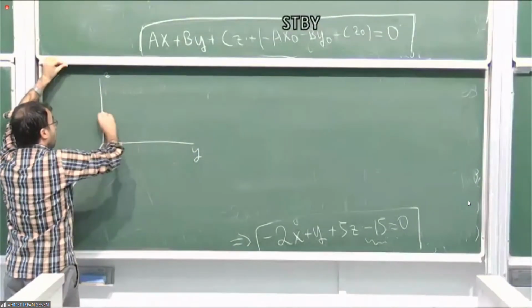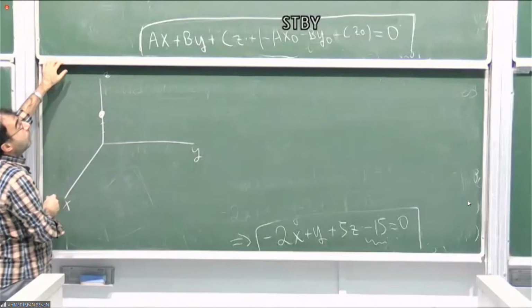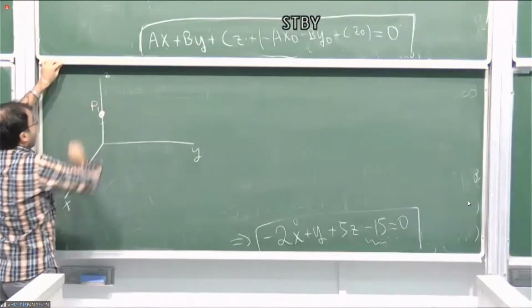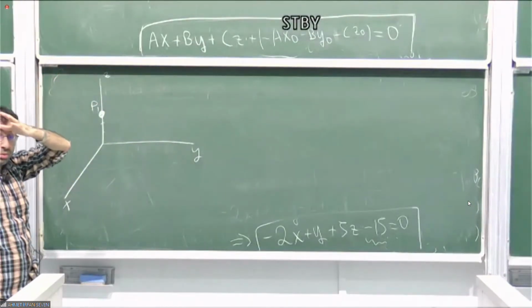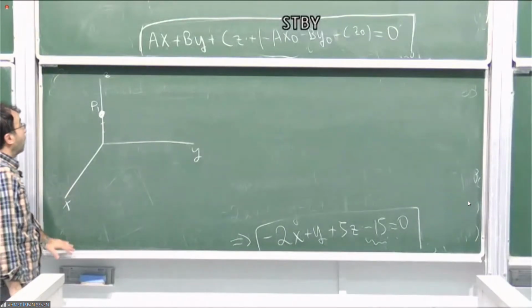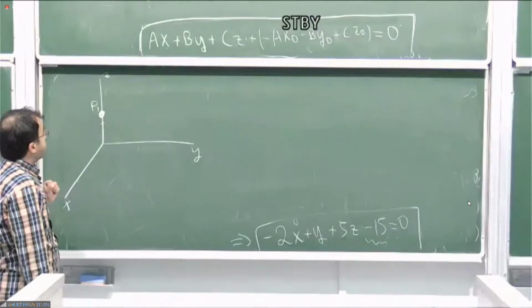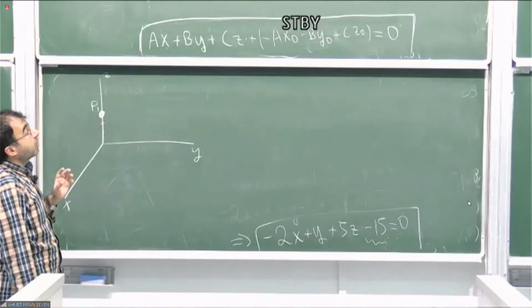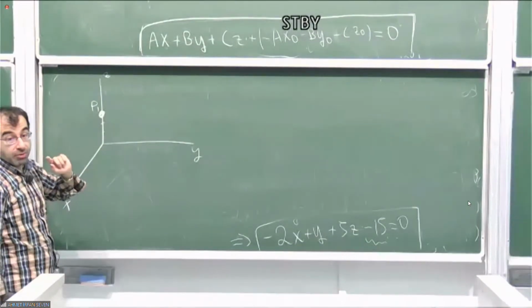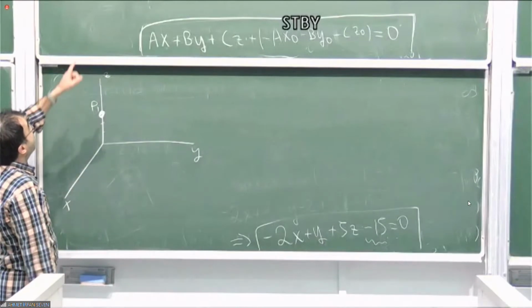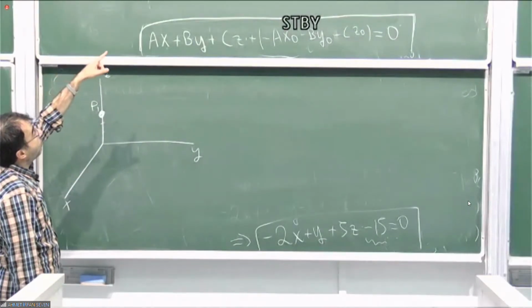So this point P1 is, you see, on the z-axis. So the point I computed, P1, is going to be what point? It will be the z-intercept of this plane. Similarly, let's put x equals 0, z equals 0.